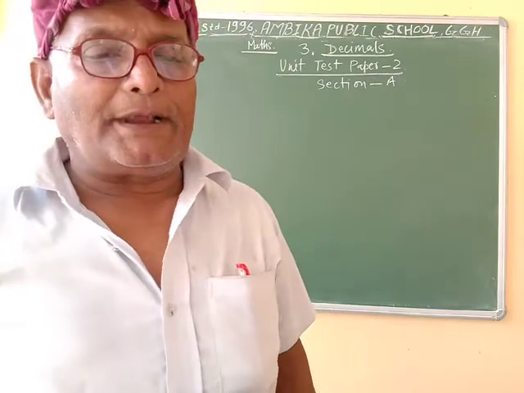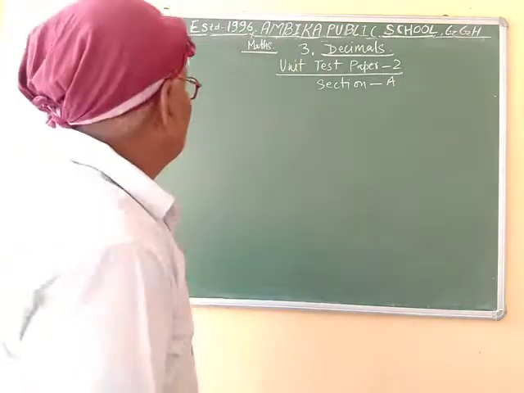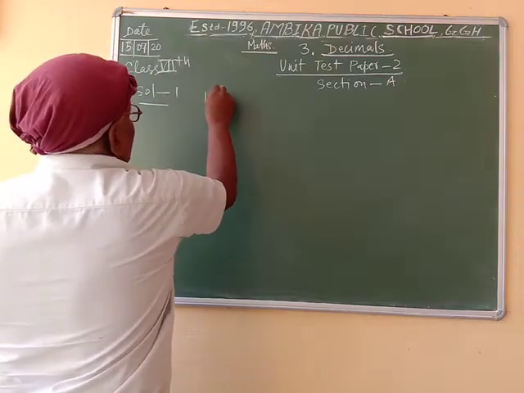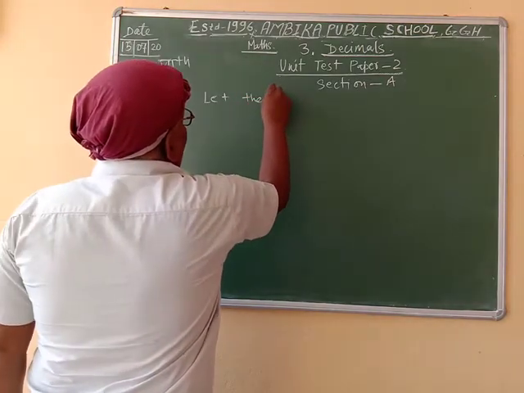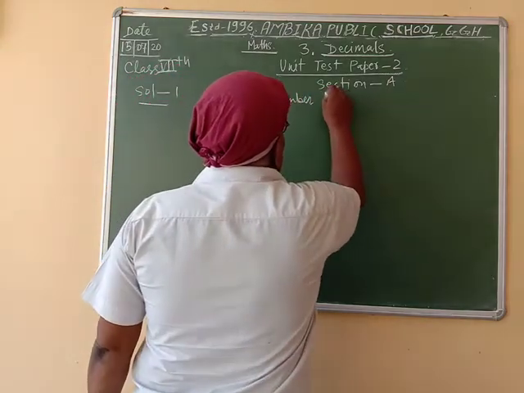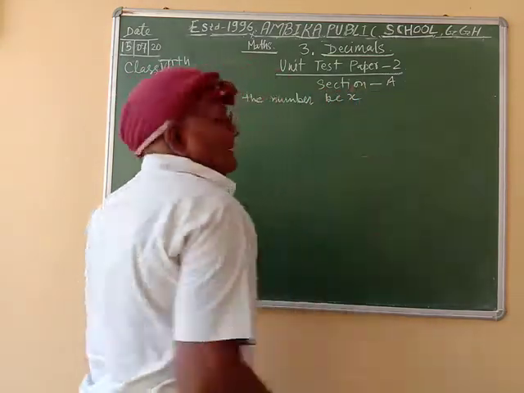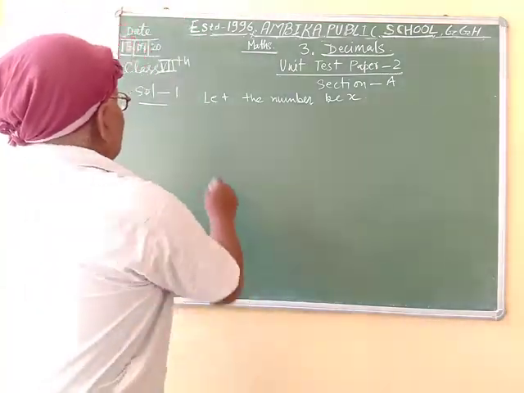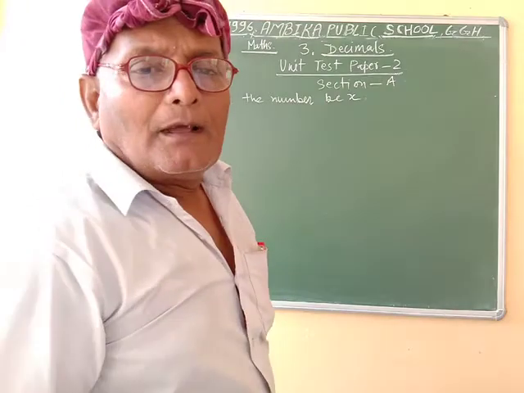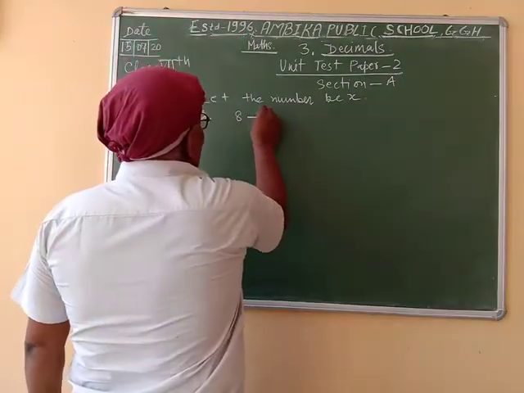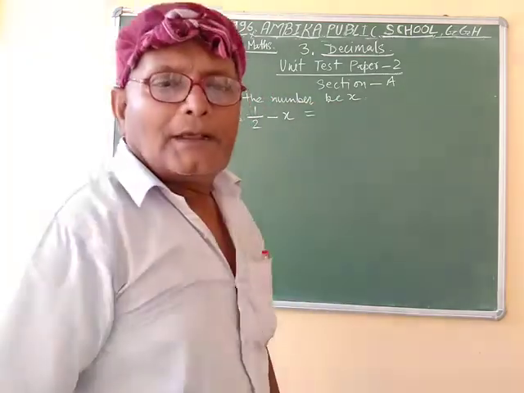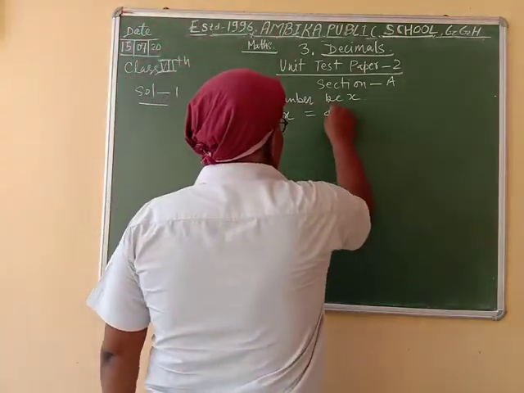Let the number be x. Then according to the question, 8 whole 1 by 2 minus x is equal to 4 whole 7 by 8.